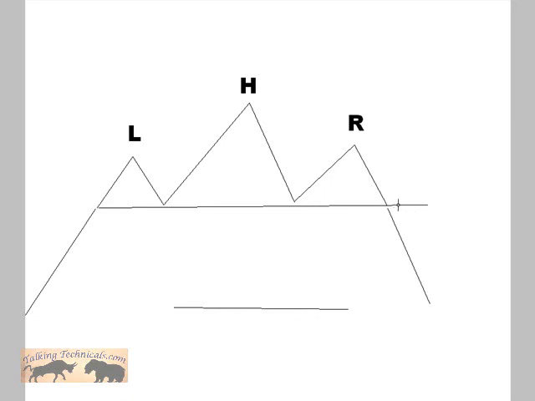It may just break the neckline, come back and retest the neckline as resistance. That's another opportunity to short it, but it doesn't have to do that. Okay, so that's the basic pattern that's showing up, and now let's look at it on the chart.